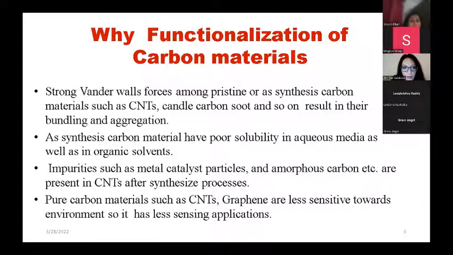That is a main drawback of these carbon materials. Also, amorphous material appears when we synthesize materials, and as-synthesized or as-purchased CNTs and graphene are less sensitive towards gases. So it is very important to functionalize the carbon materials before using them for any gas sensing application.